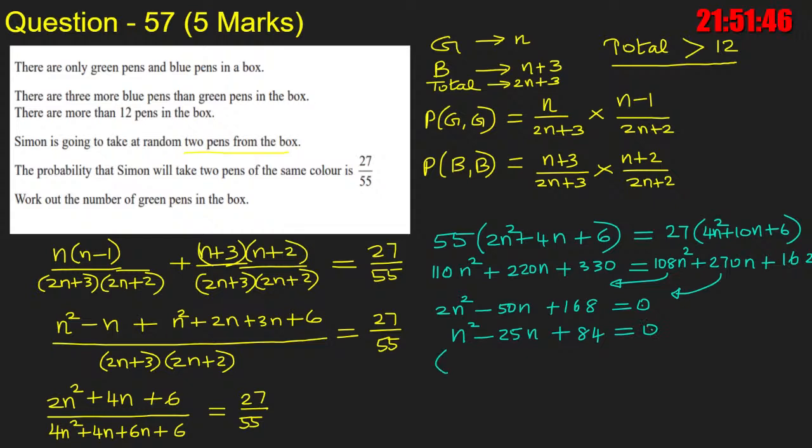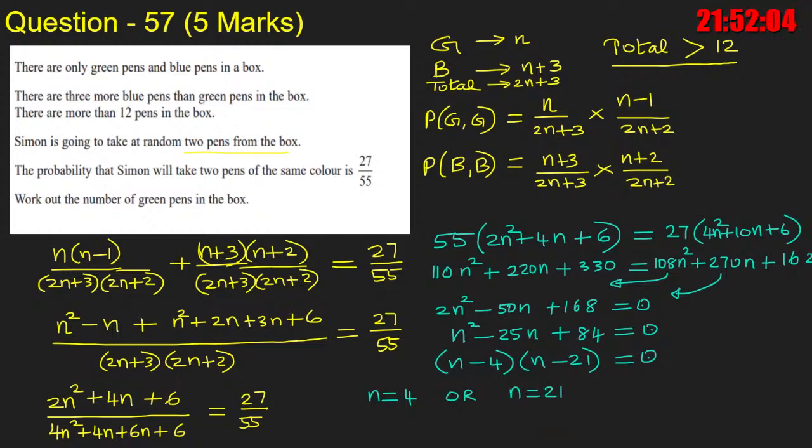And now you can do n minus 4, n minus 21 as the answer. So n can be 4 or n can be 21, right?